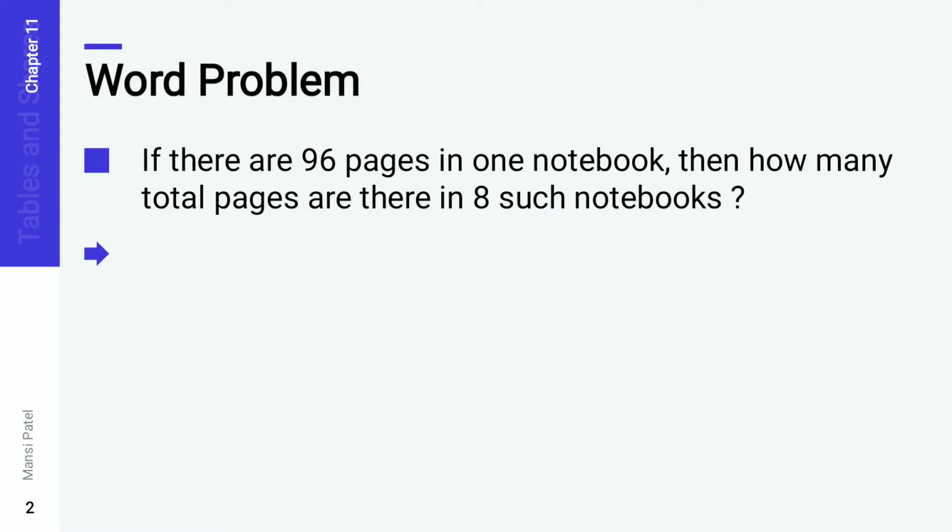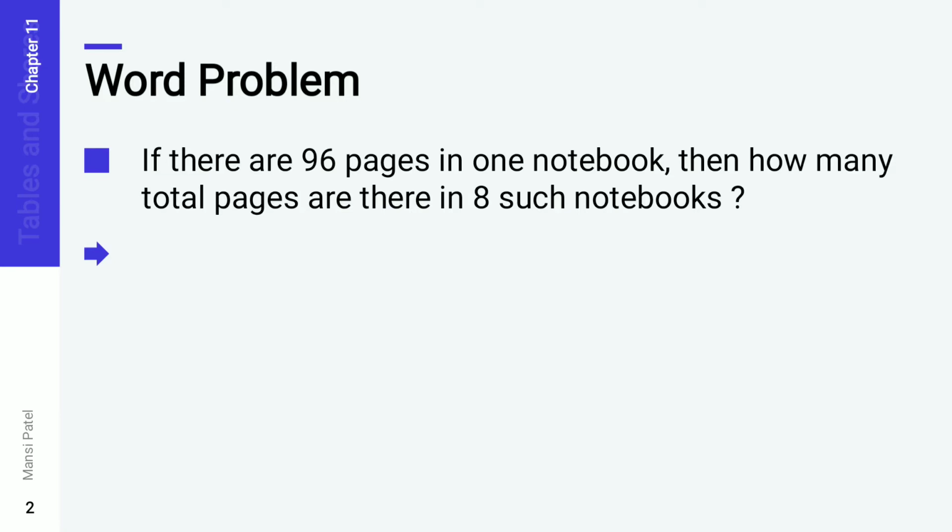You can see here in this question they were given that there are 96 pages in one notebook. So here they gave the pages for one notebook, and from this we have to find out the total number of pages of 8 books.